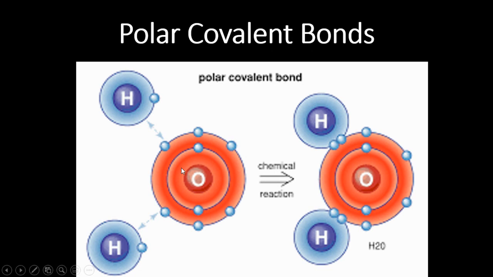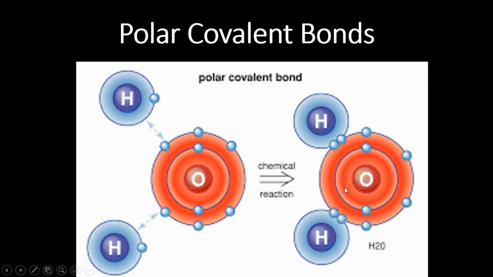Now oxygen is stable. But oxygen is a lot bigger than hydrogen, and it has a lot more electrons. It has a higher electronegativity value, which basically is the force that attracts electrons to an atom. So even though these electrons are being shared, they are going to be attracted to the oxygen more, and they're actually going to spend more time with the oxygen atom as opposed to the hydrogen atoms.